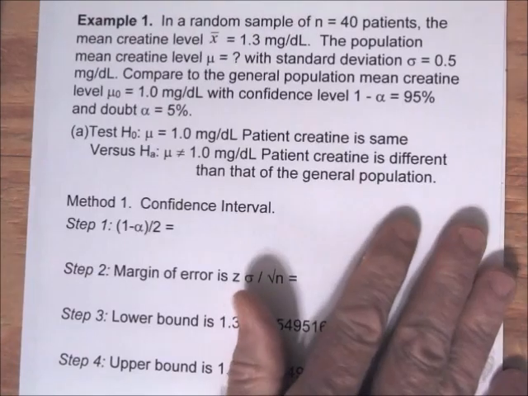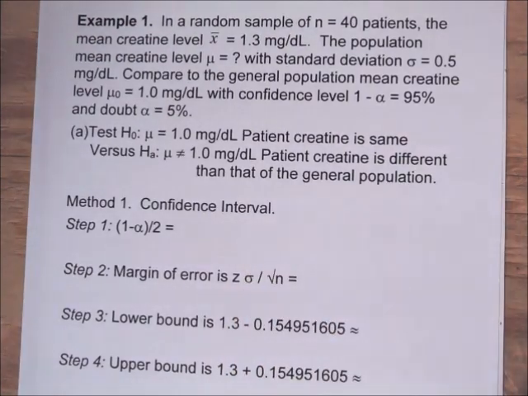This will use some of the formulas that I briefly showed you, but I think getting into specific examples will help you understand it a little better. So example 1: in a random sample of n equals 40 patients, the mean creatine level X bar is 1.3 milligrams per deciliter.